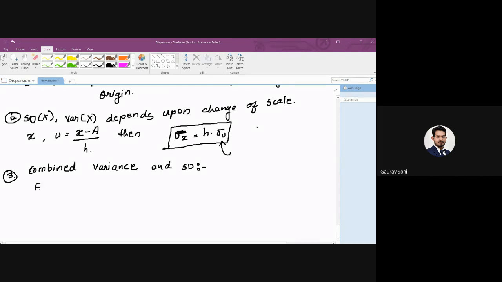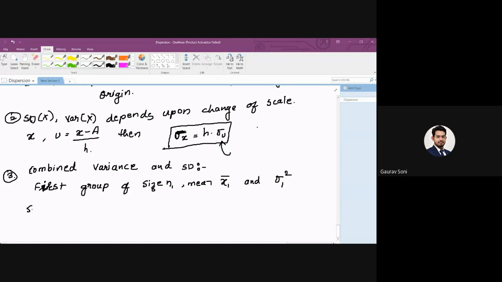First group of size n1, mean x1 bar and variance sigma 1 square.